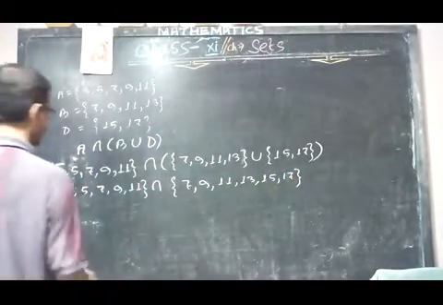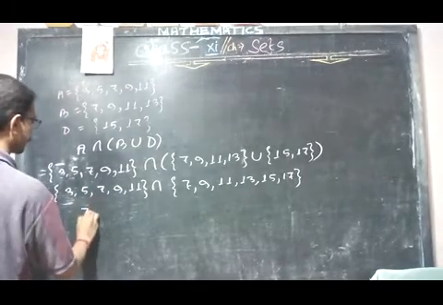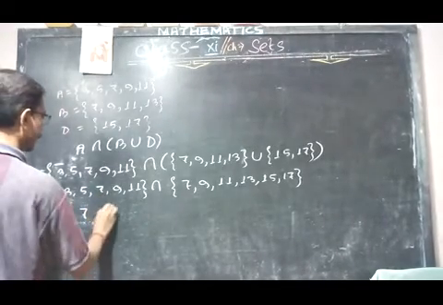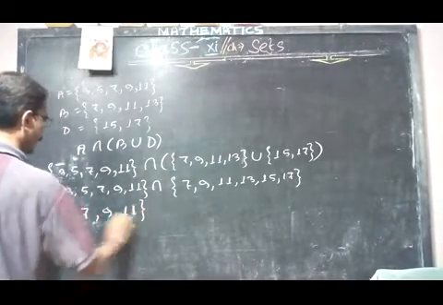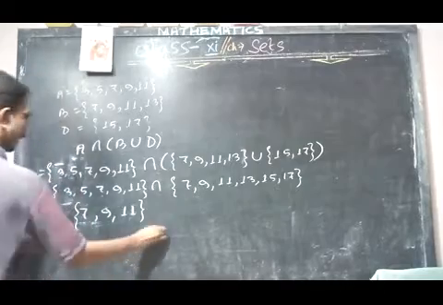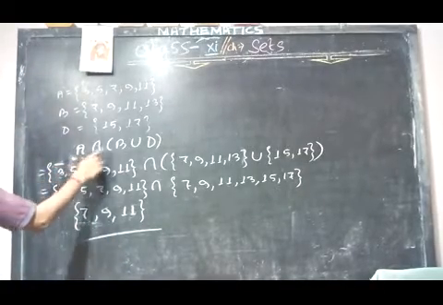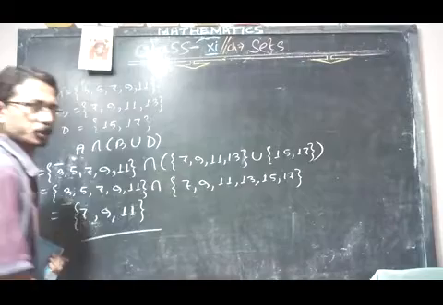The intersection of 3, 5, 7, 9, 11 with that set is 7, 9, 11. Okay. So A intersection B union D equals 7, 9, 11. Understood everybody?